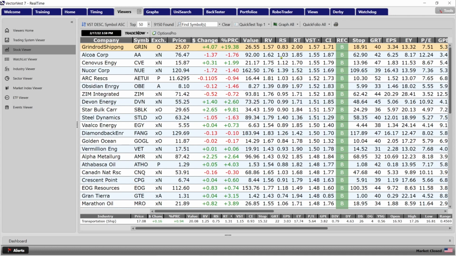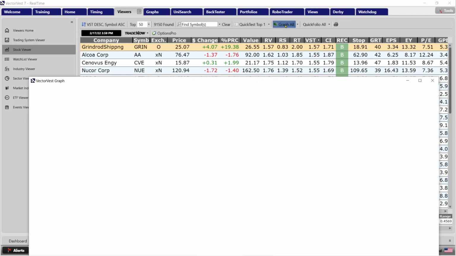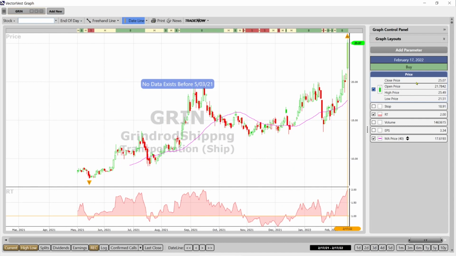So that's going to be very helpful to us, and we'll just graph them all from here. And I'm opening it up to the VectorVest default layout, price with the 40 period moving average, and relative timing on its own down in the subgraph below.